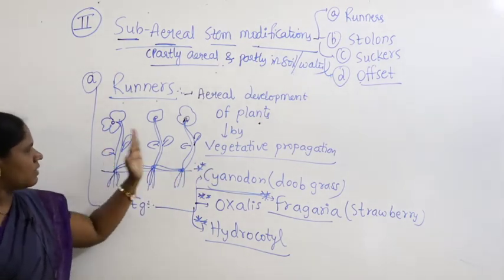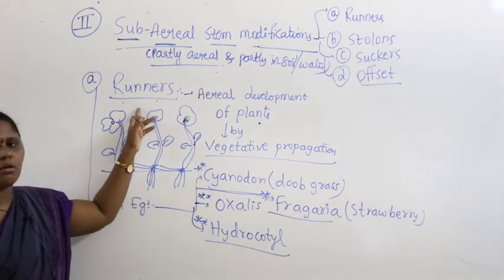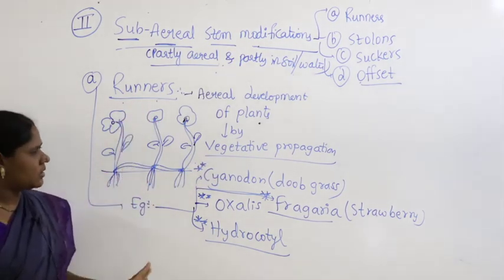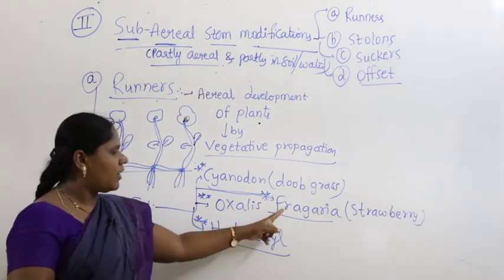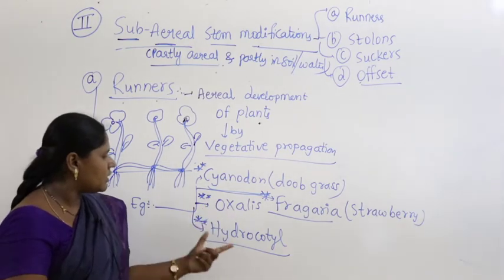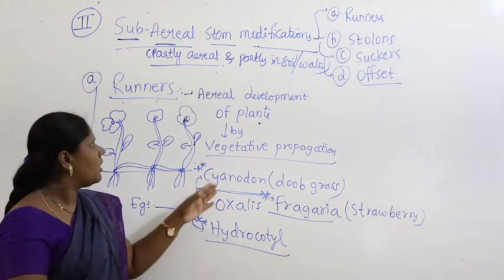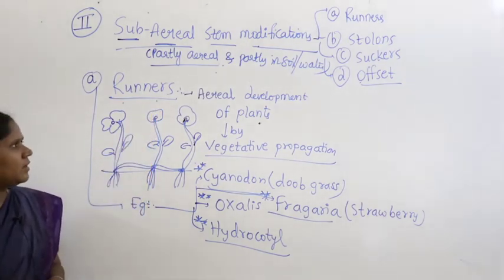One plant gives rise to another plant. It's called vegetative propagation and they are called runners. What are the examples? Cynodon commonly called dube grass, Fragaria commonly called strawberry, then Oxalis, hydrocotyle. These all are examples for the first category, runners.